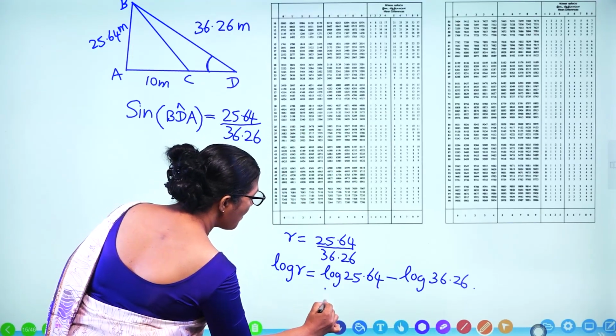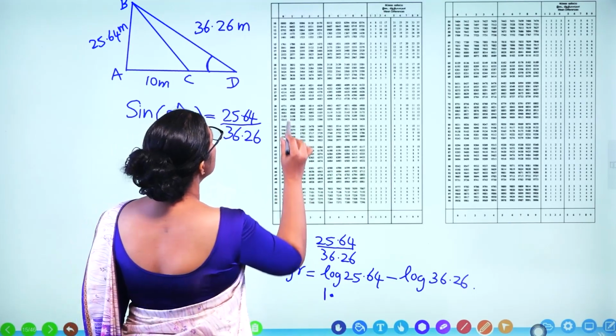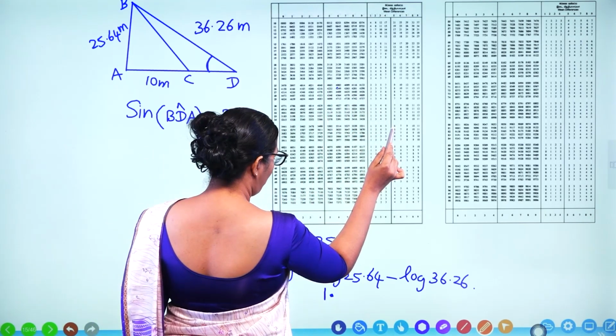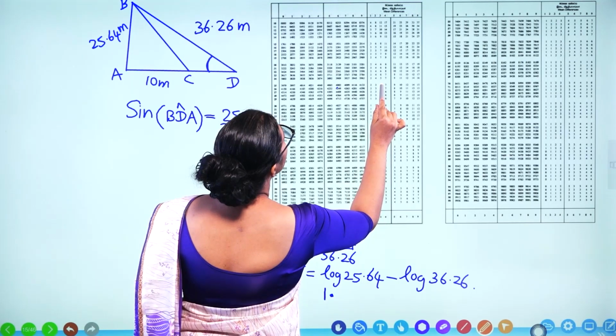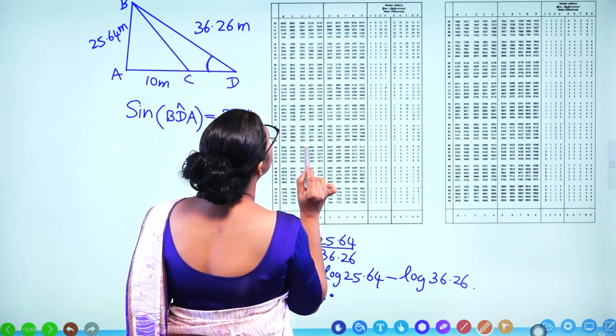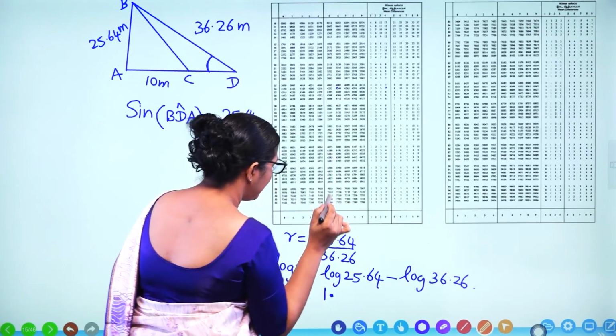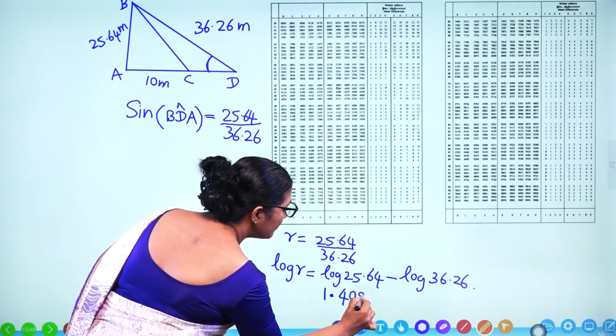25.64, that means 1.2564. 7 you have to add. 40.89.